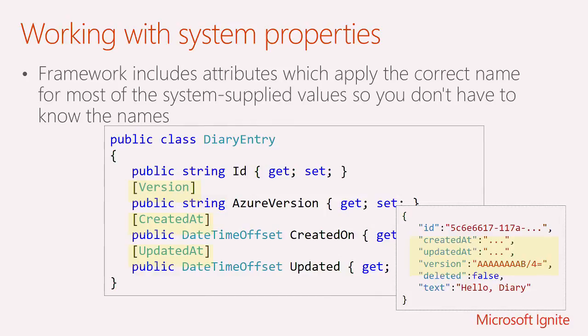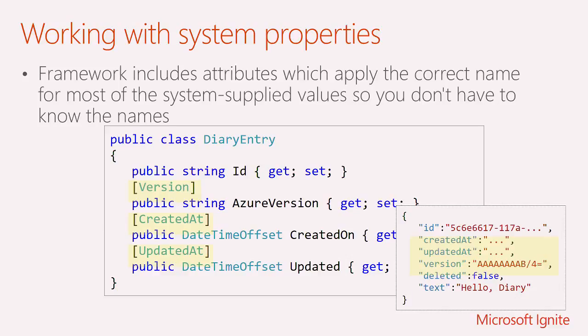Now also, the Azure Mobile Client entity objects that you deal with also have some properties that are exposed from that server, baked in. So things like the ID, which is the primary key for each of those records against that table. There's things like the Azure version, which is the version of the record, the created on, which represents when that record was created, and the updated date, which represents when it was last updated.